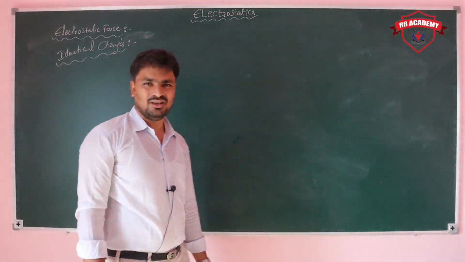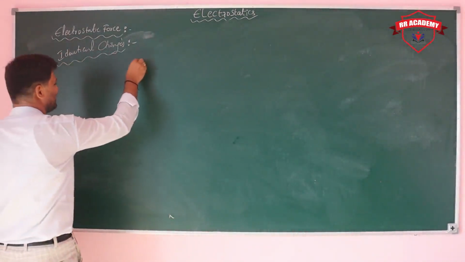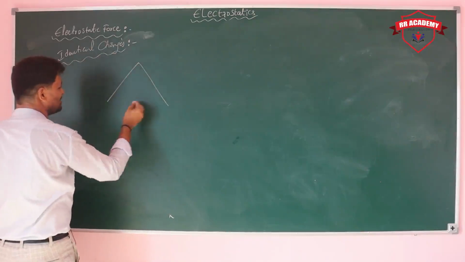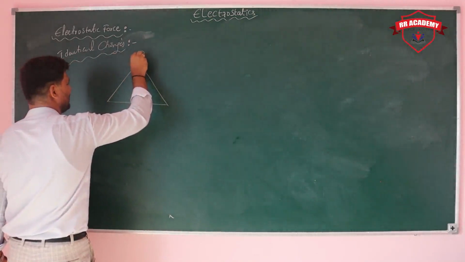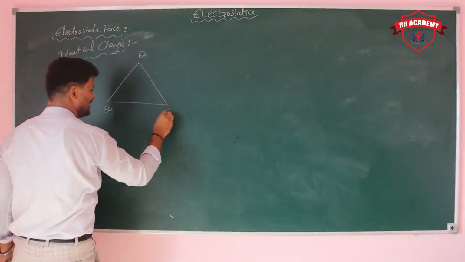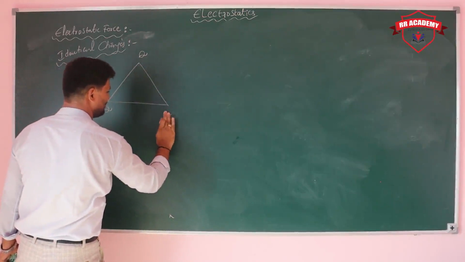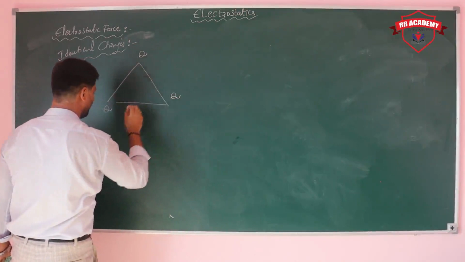Then what about the force on any one charge? Here we are considering three identical charges. Means the magnitude must be the same, and the direction also must be the same. Direction means nothing but the sign of the Q, that also must be the same.